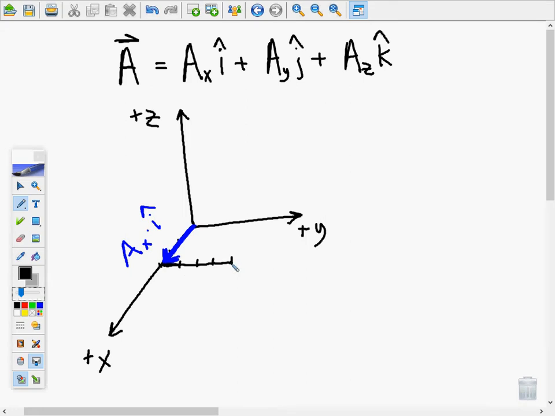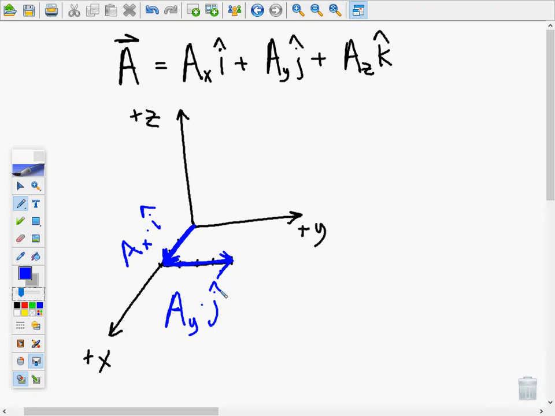And if I draw a vector in the direction of positive y, that there is a sub y times unit vector j. Notice that's in the xy plane, like that's on the flat plane.